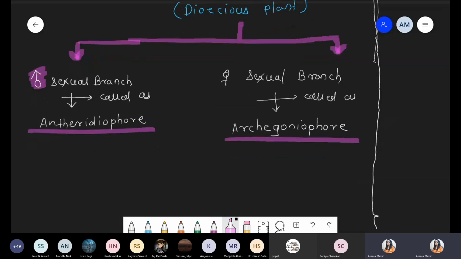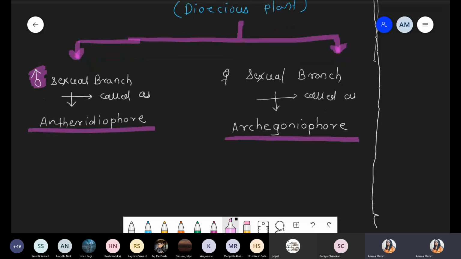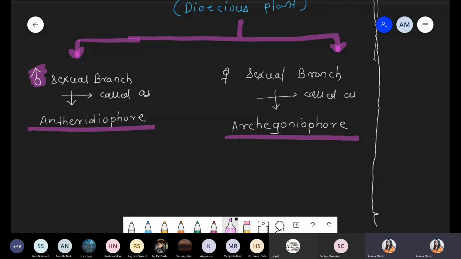Now we are talking about what is inside. Inside the antheridiophore as well as the archegoniophore, there is a typical structure, antheridium and archegonia, which represent the male and the female sex organ respectively. So first let's see what is inside the antheridiophore.